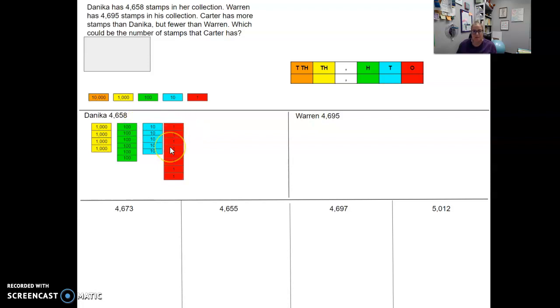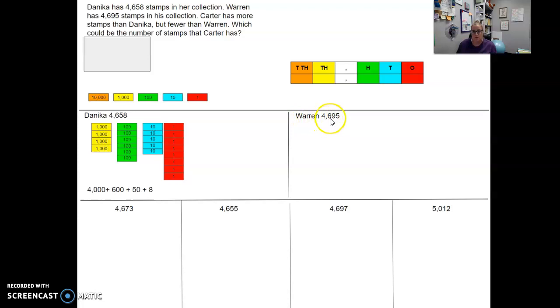So instead of doing them individually this time, I've actually grouped them together because it is 4 groups of 1,000, 6 groups of 100, 5 groups of tens, and 8 groups of ones. The other thing that I'm going to do today is include it in expanded form, and we'll talk about that in a minute. So there's Danica's stamps.